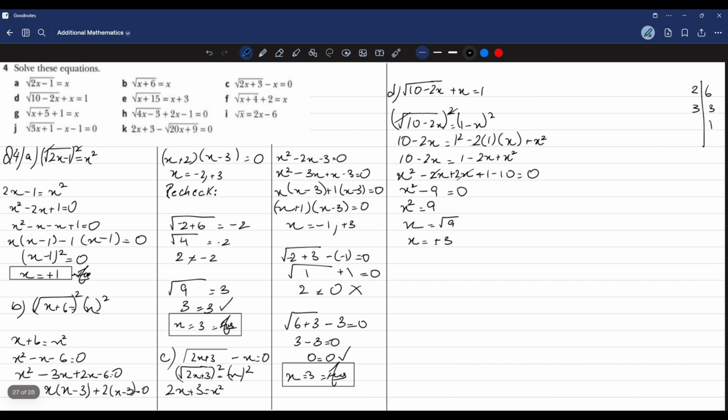Again, a really important thing to realize here is whenever we have an answer in under root, we can write it in the form positive or negative 3.